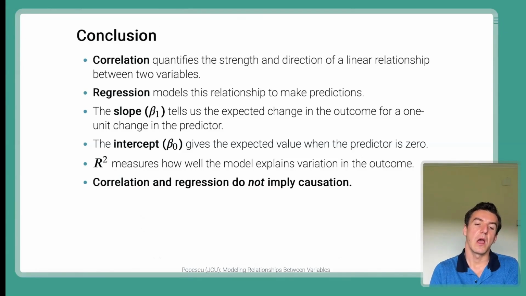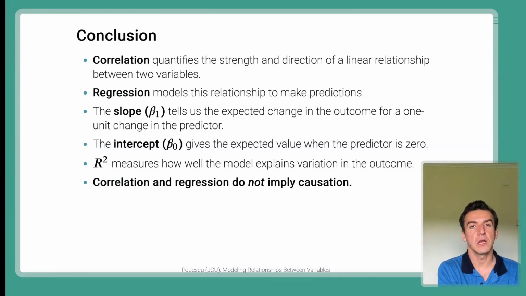Okay, we have covered quite a few things today. We looked at correlation, which is the statistic that quantifies the strength and the direction of the relationship between two variables. Regressions help us model the relationship between two variables in order to make predictions. We learned how to calculate the slope, b or beta, which tells us the expected change in the dependent variable for a 1 unit change in the independent variable or the predictor.